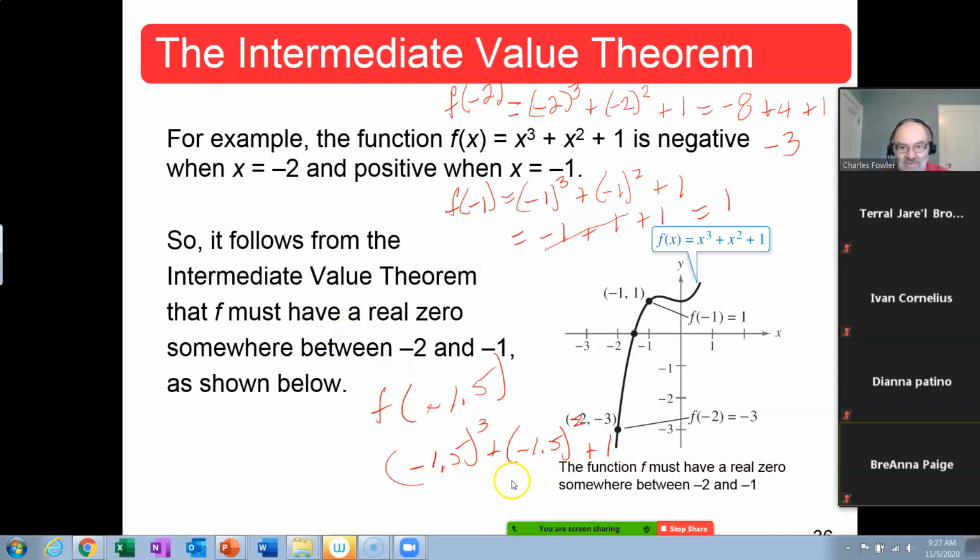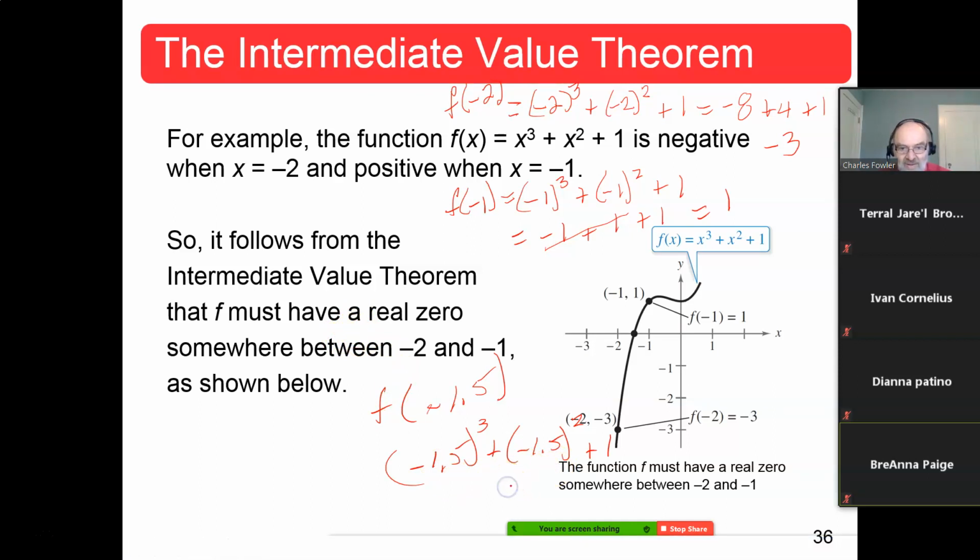Okay, -1.5 squared is 2.25. I just happen to know that. Okay, if you multiply that by another 1.5, I hope I'm right on that.